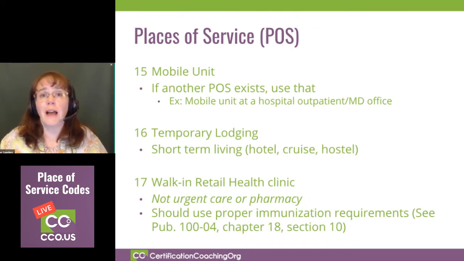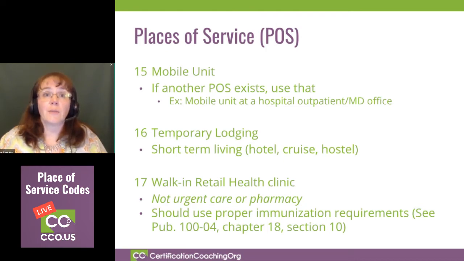16 is temporary lodging. So remember I said there are different kinds of houses, different kinds of categories. So this is your short-term living, temporary lodging. And the examples that they give are cruise lines, hotels, a hostel, a youth hostel. So you think of a cruise, you've got a clinic on board a cruise or some kind of doctor office type of thing on a cruise.